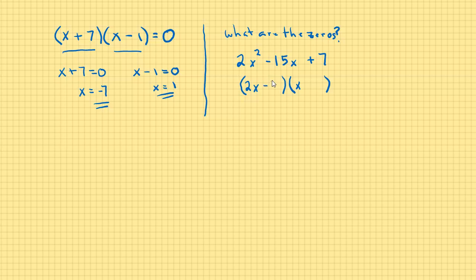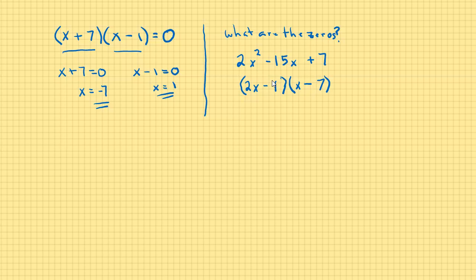So what we're going to have here is, let me erase that real quick. What we're going to have is, okay, so it's going to be 2x minus 1, and then x minus 7, okay?